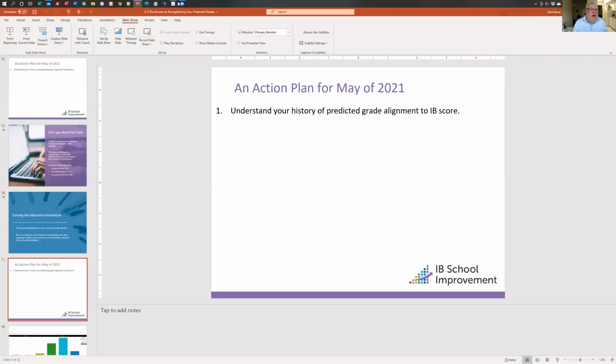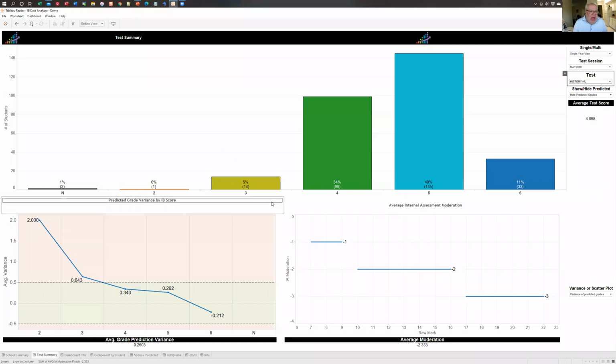So let's go here, let's go over here. And what I want to do is, this is a school, this is History HL. Up here, you can see the alignment from 2019 of the number of scores received, students, and their percentages.